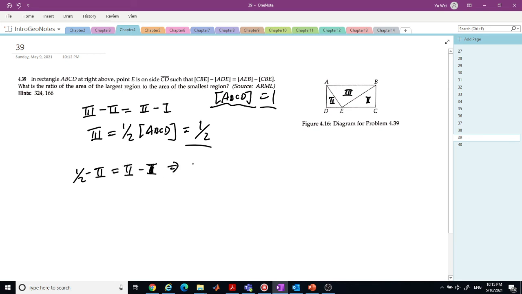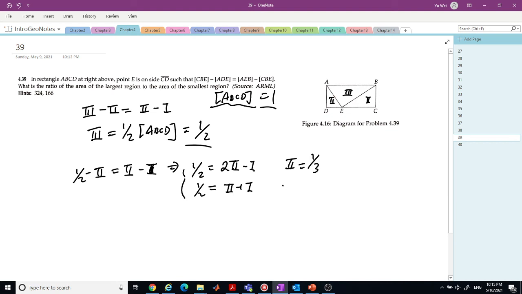So we can have the half is equal to the 2 minus the 1, right? And the 3 is half, so also we have another one, 2 plus 1, is also half. Okay, so by doing this, we add them up, okay? So we know that 2 is 1/3.